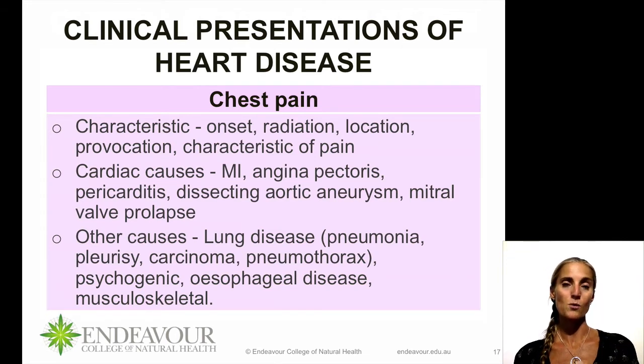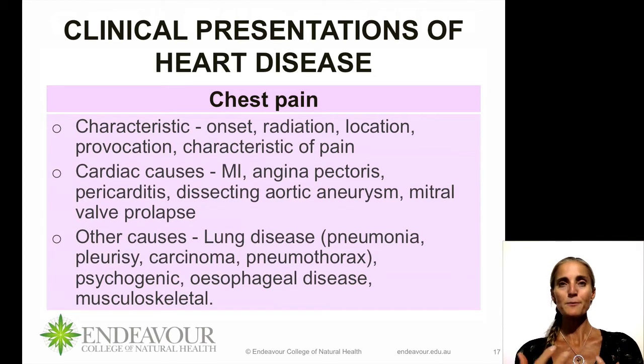There are other cardiac causes of this chest pain, so myocardial infarction, angina pectoris, pericarditis, dissecting aortic aneurysm, and mitral valve prolapse. And in mitral valve prolapse, you can also see lower ventricular ejection and therefore lower coronary flow that can lead to that chest pain. Other causes: lung diseases, psychogenic.